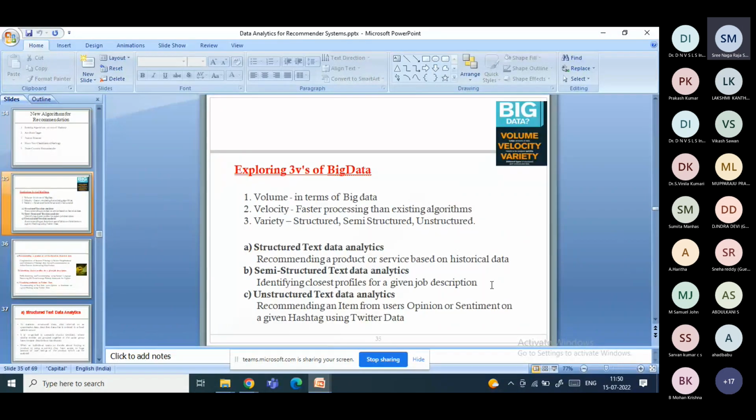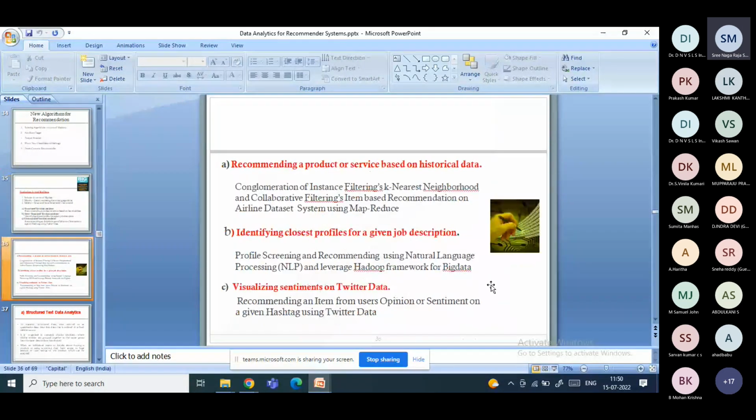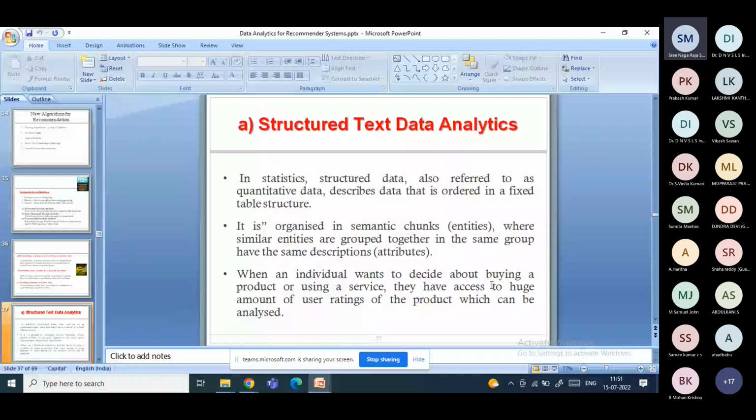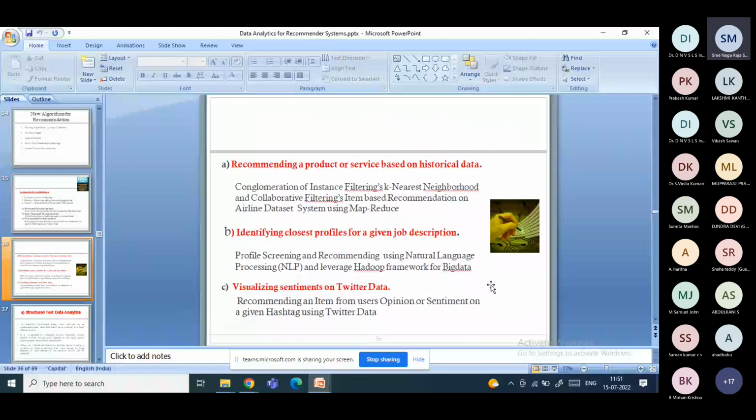And these recommendations can be applied to structured data, semi-structured data, and unstructured data. Coming to the first one, if I'm going to give a recommendation on structured data, we are recommending a product or service based on historical data.